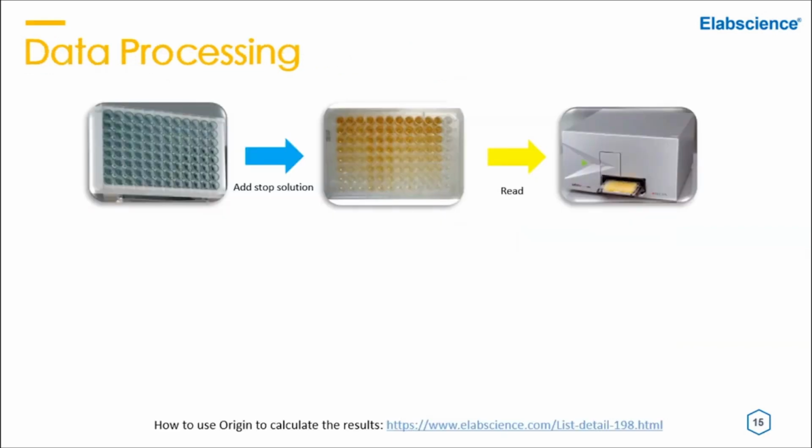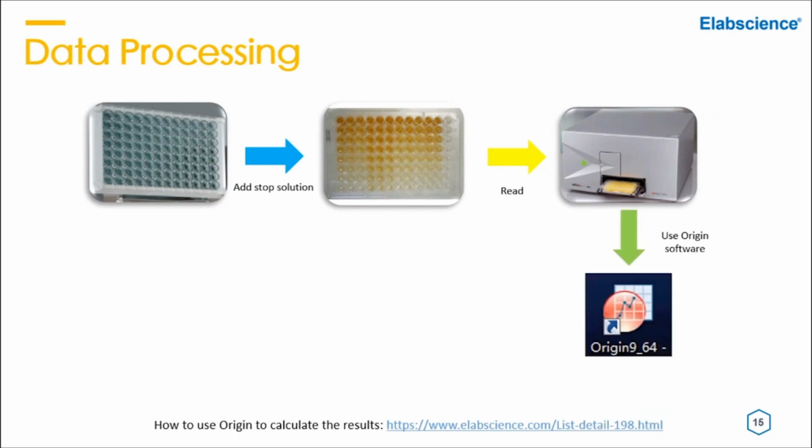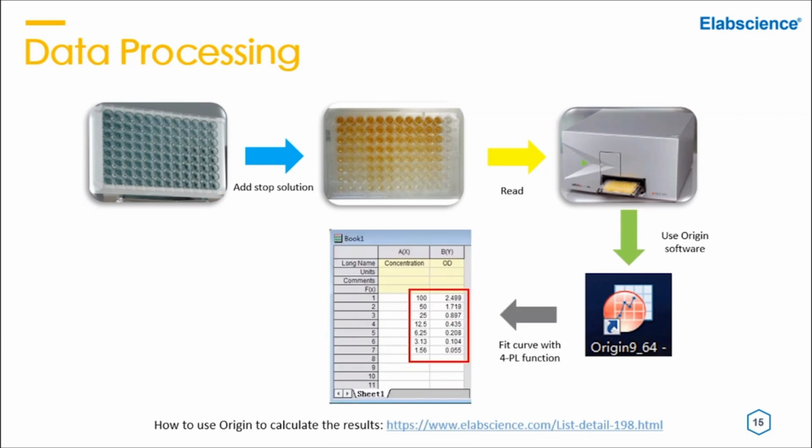After several steps to get the data, we use Origin software to do the data processing. Of course, it won't be just this one choice. Common data processing software can also be used, except Excel. Then we paste the data into the worksheet and use the 4PL function to fit the standard curve.